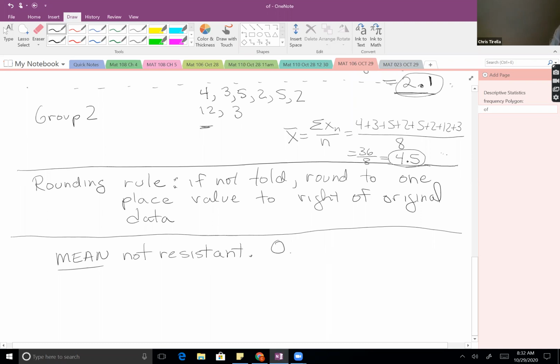One extreme value, and by extreme, I mean either really high or really low, can significantly change it.